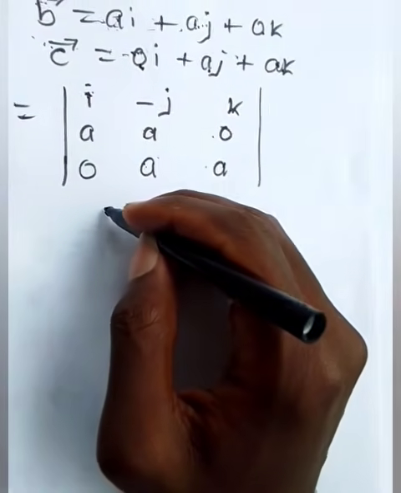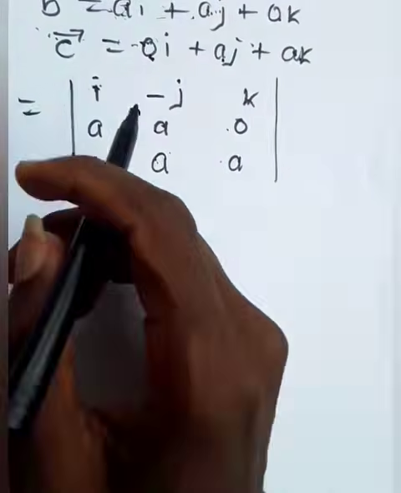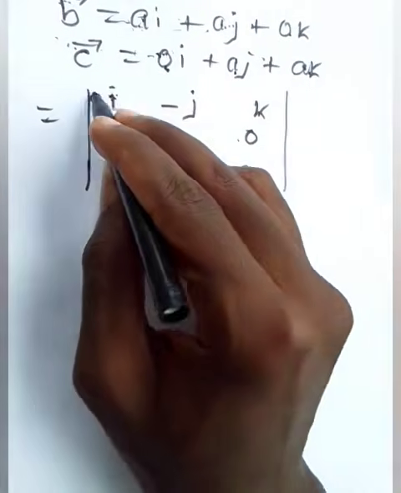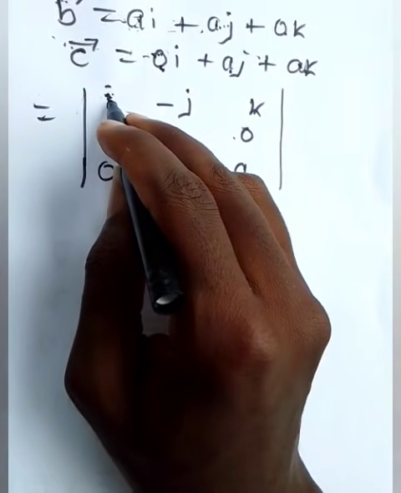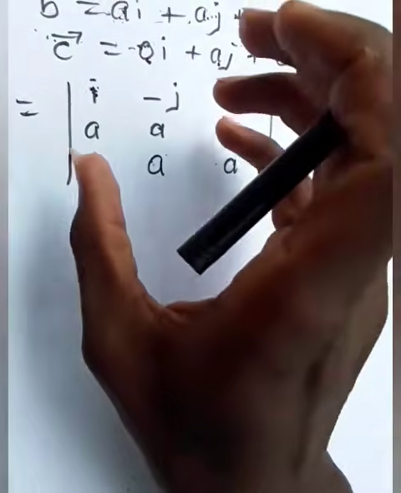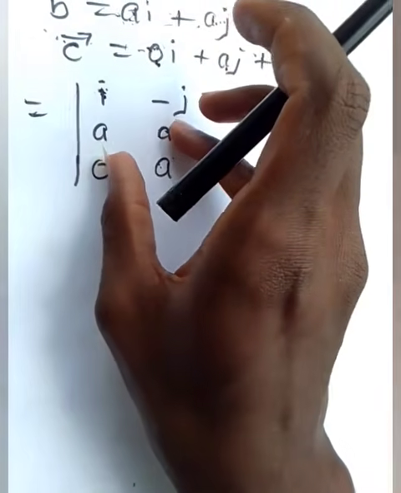Now, how do you find the determinant? First, we write i. We need to find the matrix, or the values that we're going to use to find i.